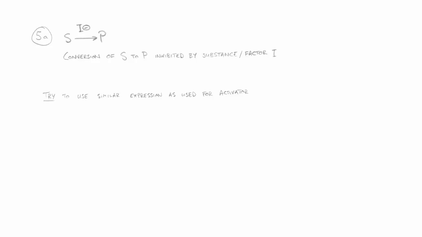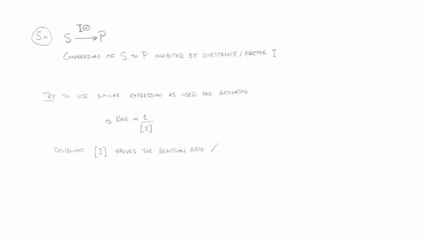And in order to model it, we can try a similar approach as we did with activation. Before, we had the rate proportional to the level of activator. So we could say, well, it's reasonable to try setting the rate to be inversely proportional, so that doubling the amount of inhibitor present halves the reaction rate.